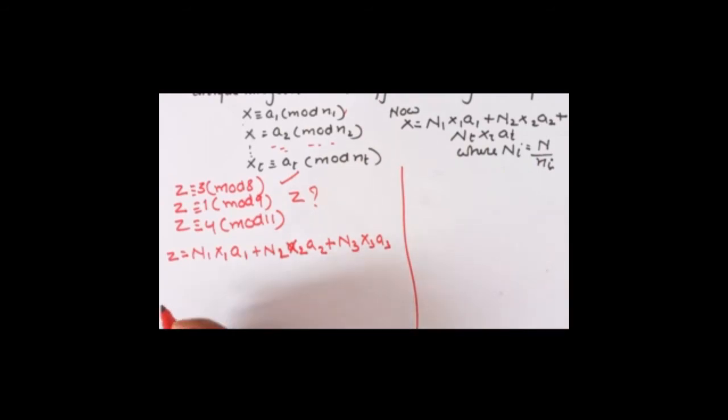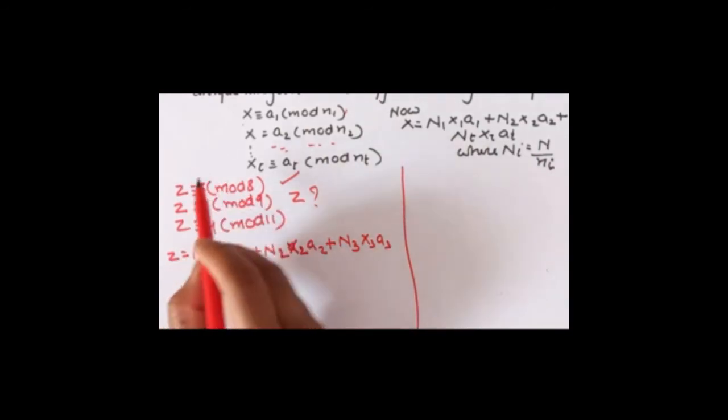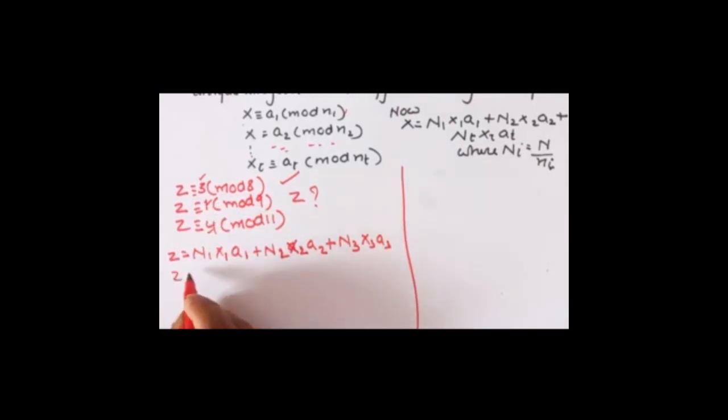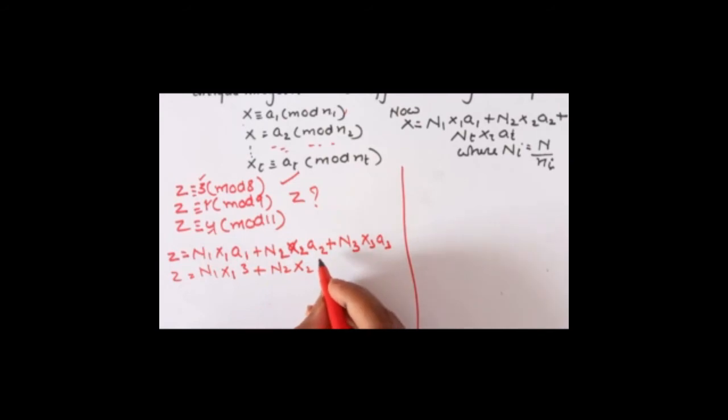From the equations, I note that a1 is 3, a2 is 1, and a3 is 4.